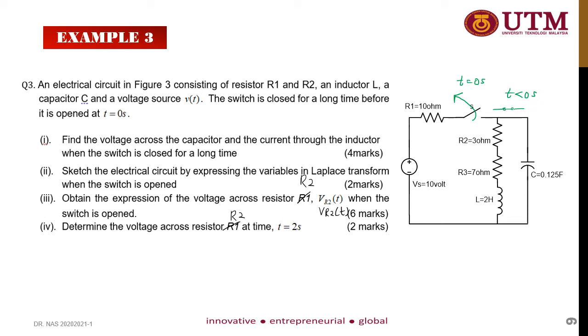across the capacitor, positive and negative, so Vc(t), and the current through the inductor when the switch is closed for a long time. When there's a statement of for a long time, it means the circuit reaches steady state condition in which the inductor and the capacitor may act as something else, before the switch is opened.